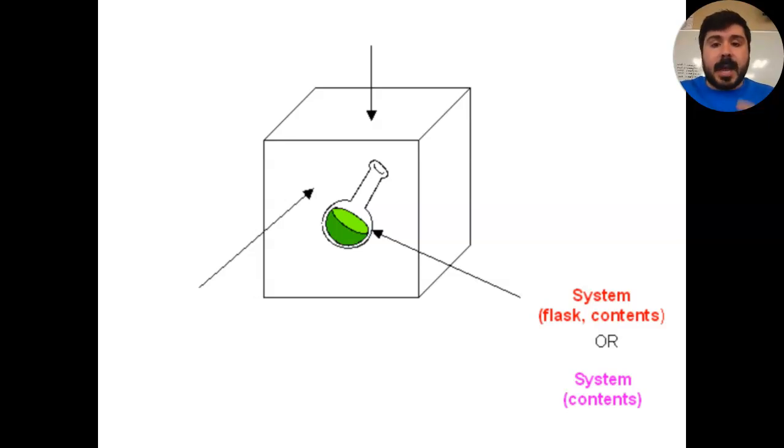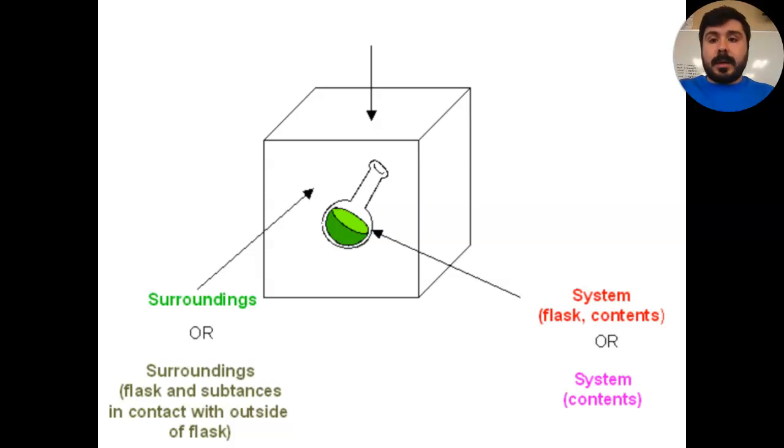Now, it's inside of this box here, which we would then be considering our surroundings. The surroundings is going to be everything around it. Depending on how you are studying the actual system, by the way, the system could either be the contents of the flask and the flask, or just the contents of the flask.